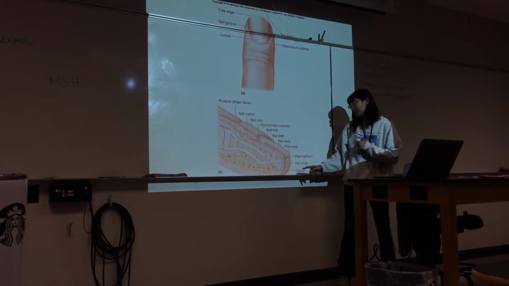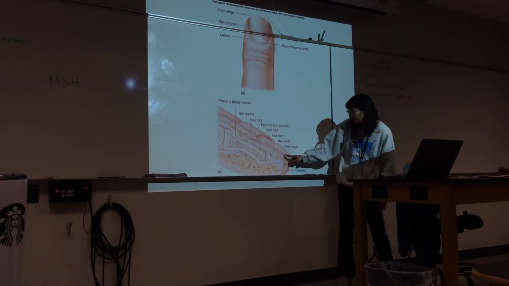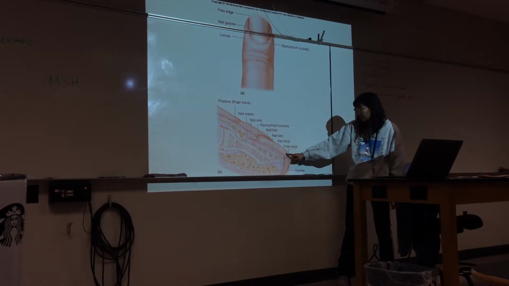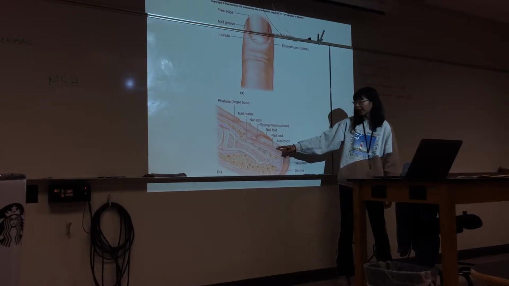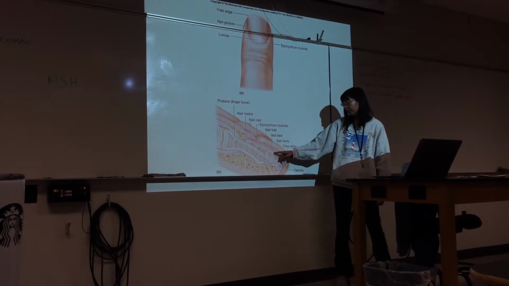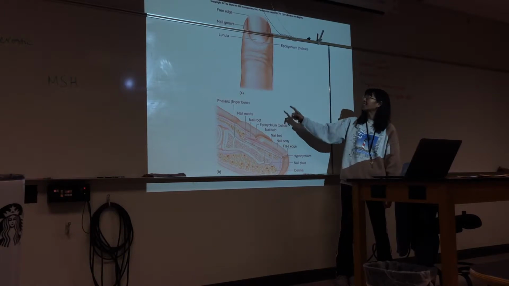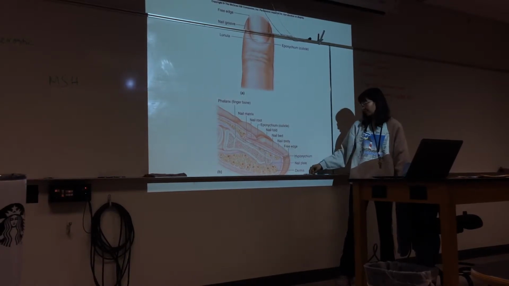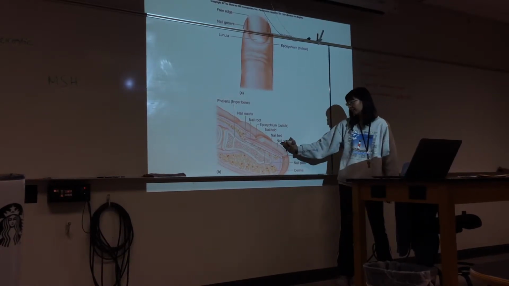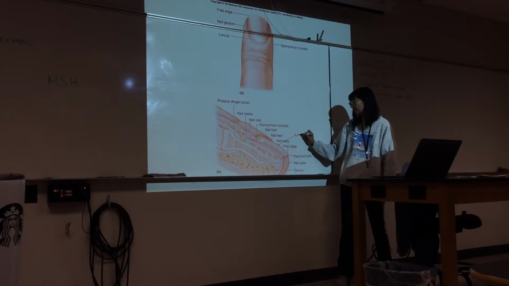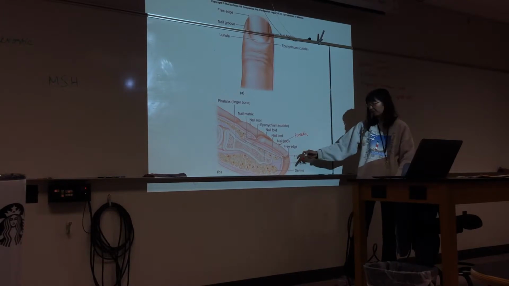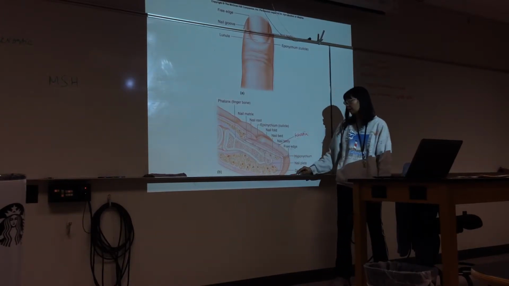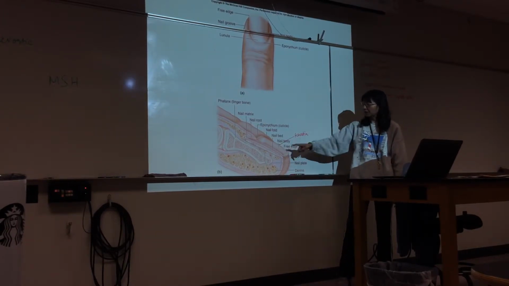You see the nail here. Underneath the nail, you have a nail bed, just quick anatomy. By the way, what is nail made of? Keratin, exactly. But it's a hardened keratin, that's why it's tougher than your regular skin. So that's the nail bed.